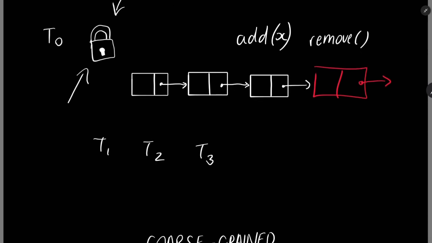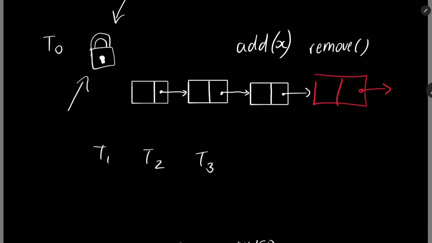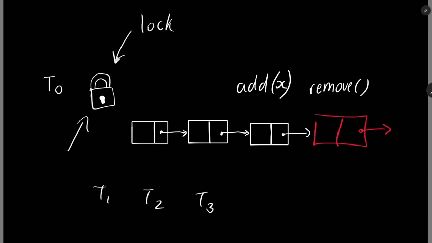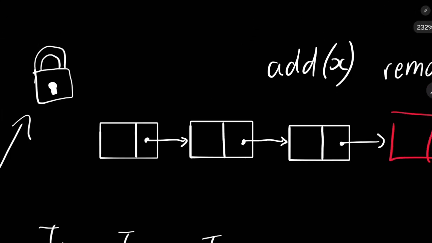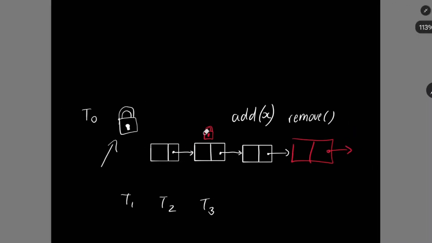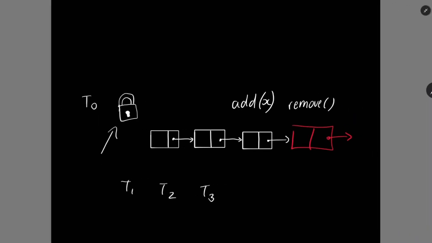And this is what we call coarse grain synchronization, because it's a single lock for the entire linked list, as opposed to fine grained, which might be individual locks for each node. But we'll get into that later on in this video series.